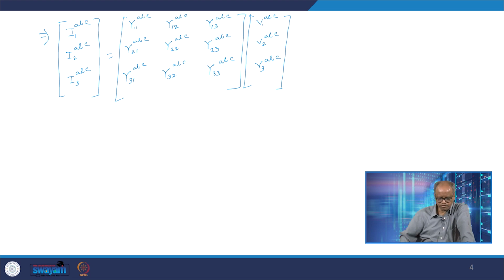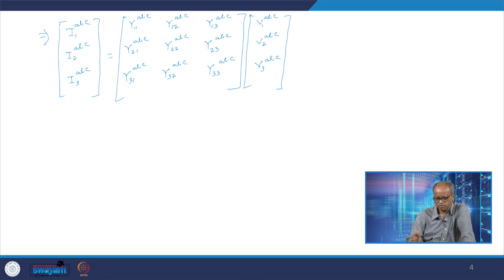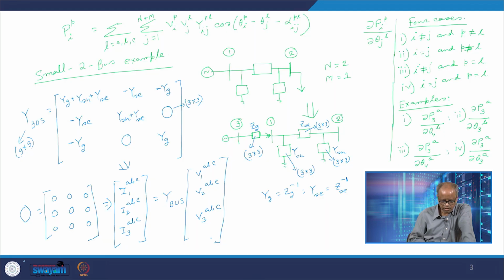Then by comparing this, as an example, I can say that Y11 ABC is nothing but YG plus YSH plus YSC, and Y12 ABC is equal to minus YSC, Y13 ABC is equal to minus YG.